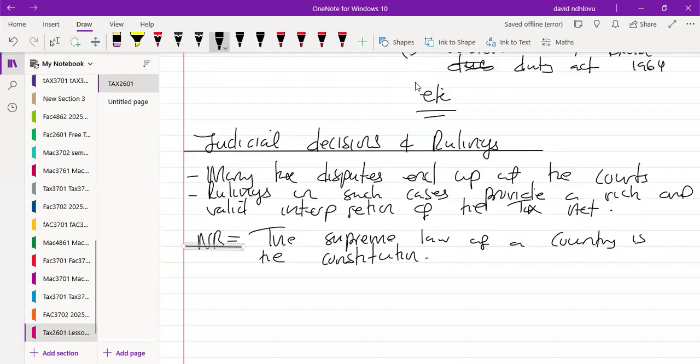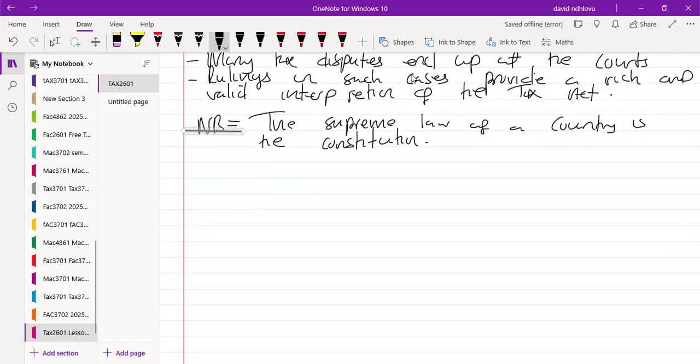Even the Act and the judicial rulings are implemented in such a way that they are actually administering the Constitution of the Republic. Are we clear, good people? Are we on the same page? Yes, sir. Right. Let's go to interpretation.